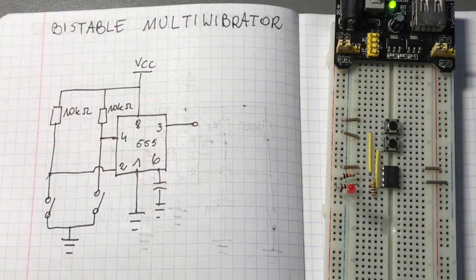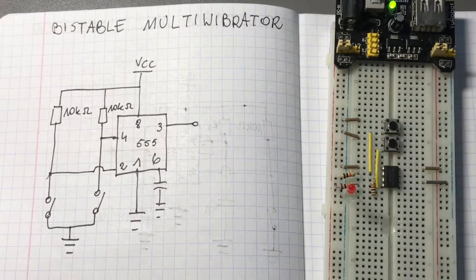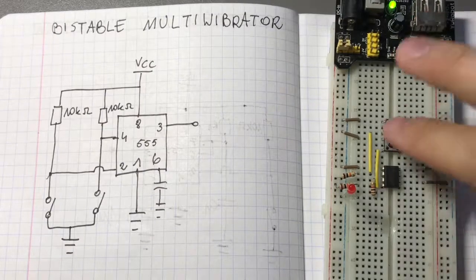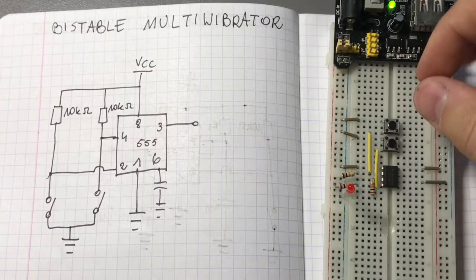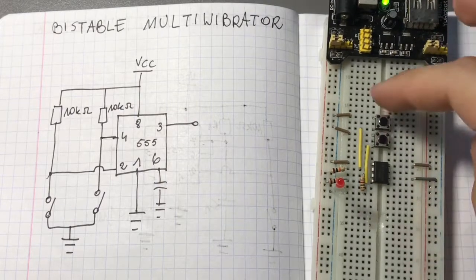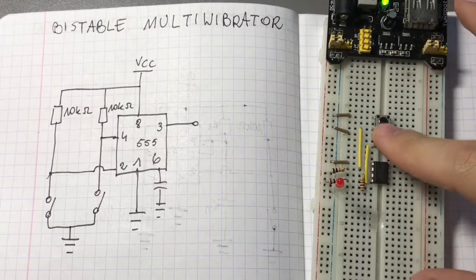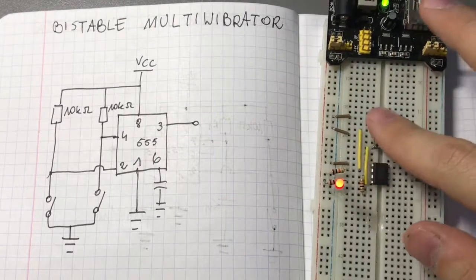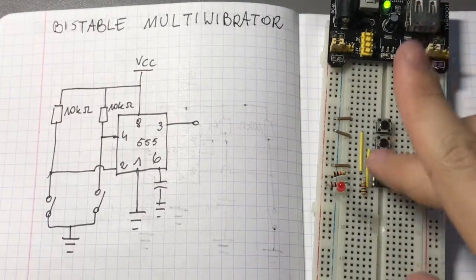Of course you can connect two of those buttons. I don't have any example right now, but instead of two switches, you can connect one two-way switch that will switch between the trigger and the reset pin, like that, and it will be a bit better.